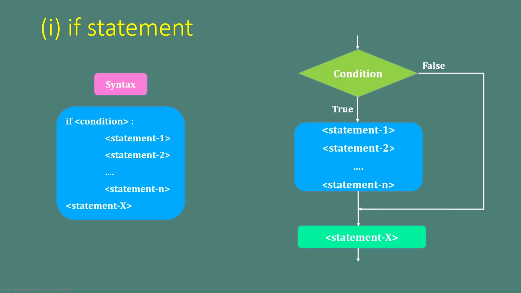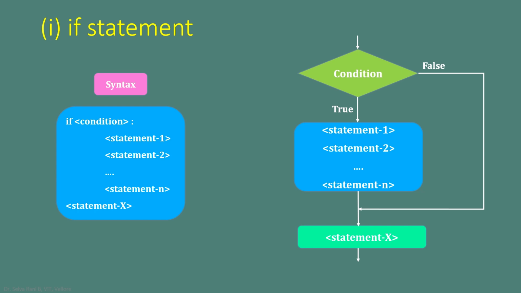This is a flow diagram to have a clear view of the if statement. Here, we are checking a condition and the result of the condition is going to be either true or false. The statements 1, 2, 3 up to n, which are given below the if statement, are going to be executed if and only if the condition is true.